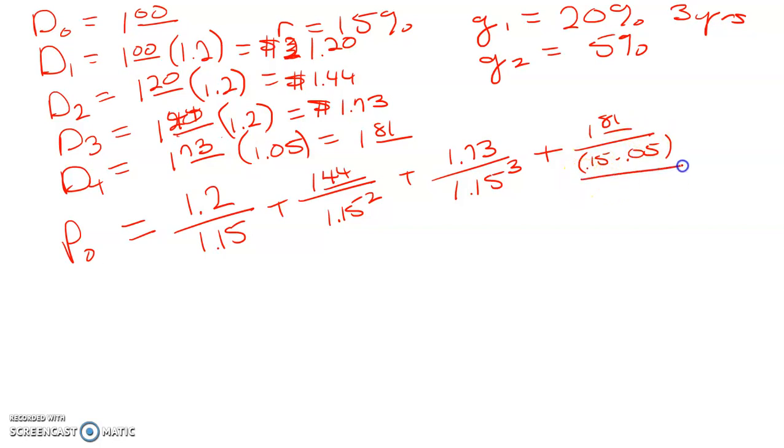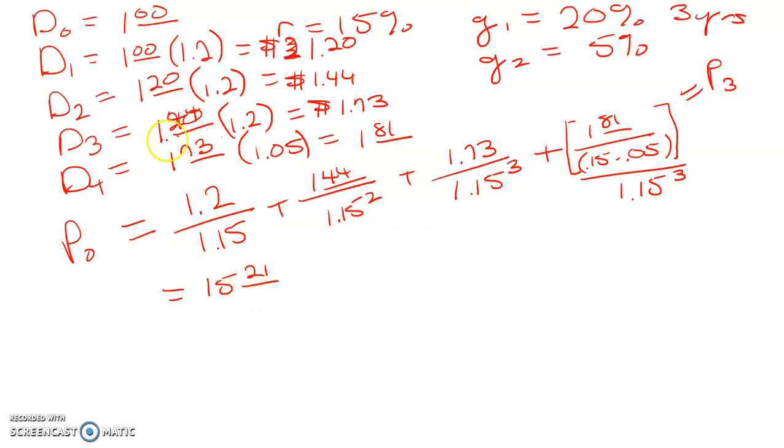And then this right here is going to calculate, this is equal to P3, price in year 3. So we need to present value that 3 years. So 1.15 cubed. So we enter that into our graphics calculator. We should get $15.21.